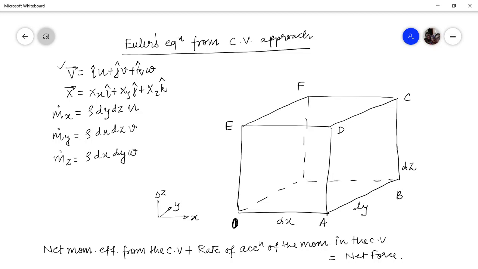Now what is the momentum flux entering the x face? That will be m dot times the velocity vector, that means m dot x times the velocity vector. Likewise the momentum flux entering the y face will be m dot y times the velocity vector, and the z face, m dot z times the velocity vector.